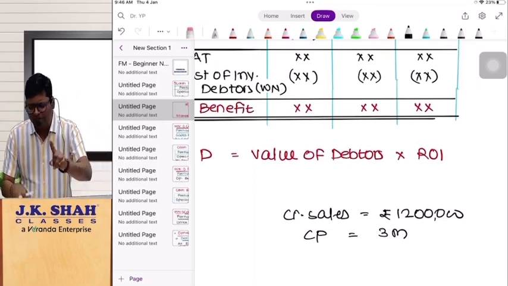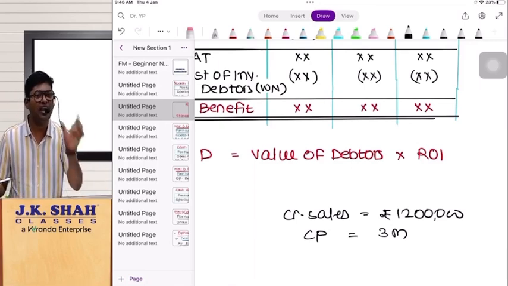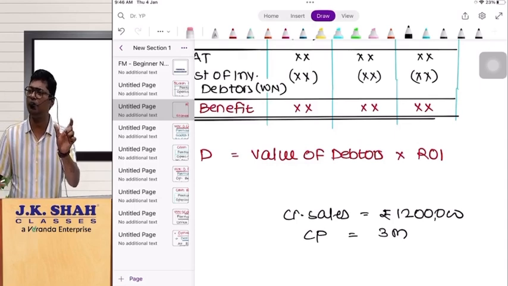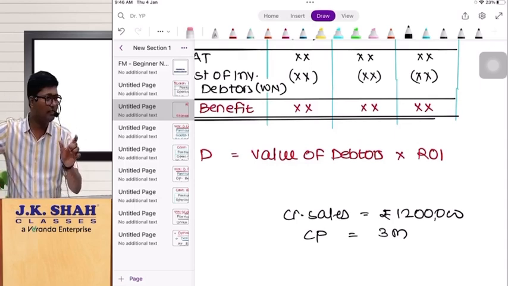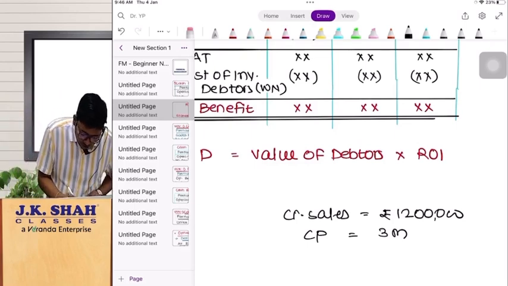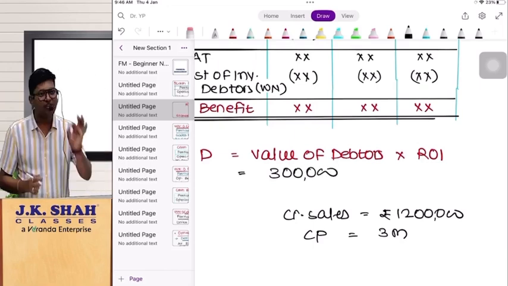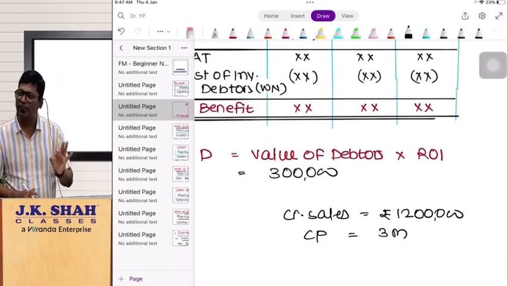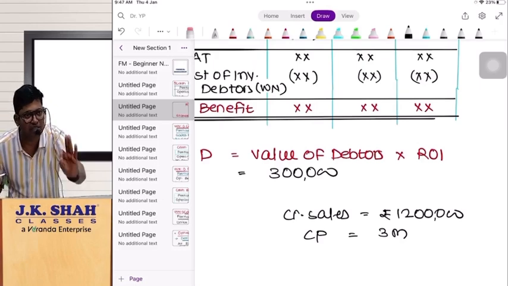Hope you remember we used to value debtors in working capital estimation by using one formula: LOA into credit period upon 12. Same thing we are doing here. LOA, that is credit sales, is 12 lakhs into 3 divided by 12. You are going to get value of debtor as 3 lakhs, meaning after every 3 months you are going to collect 3 lakhs rupees from the debtors. That means 3 lakhs rupees is blocked for 3 months.